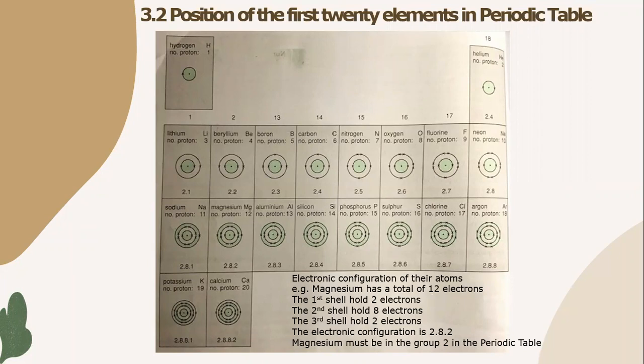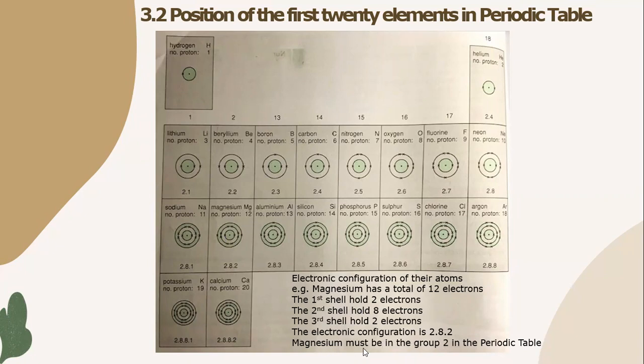Position of the first 20 elements in the periodic table. If you look at the example, which is magnesium, the electronic configuration of magnesium is 2.8.2 because the first shell holds 2 electrons, the second shell holds 8 electrons, and the third shell holds 2 electrons.